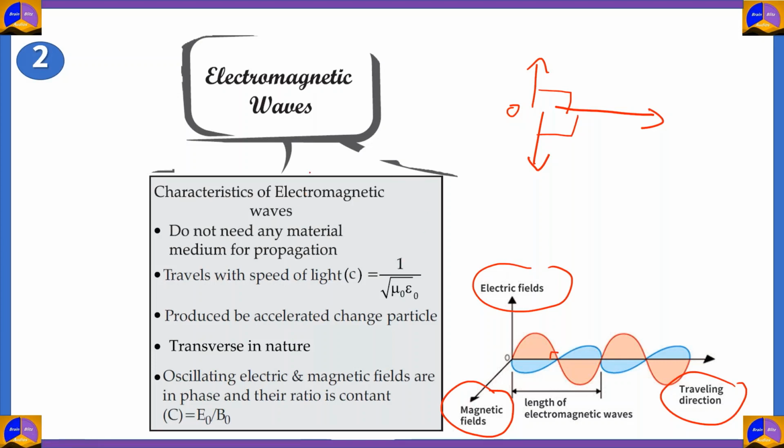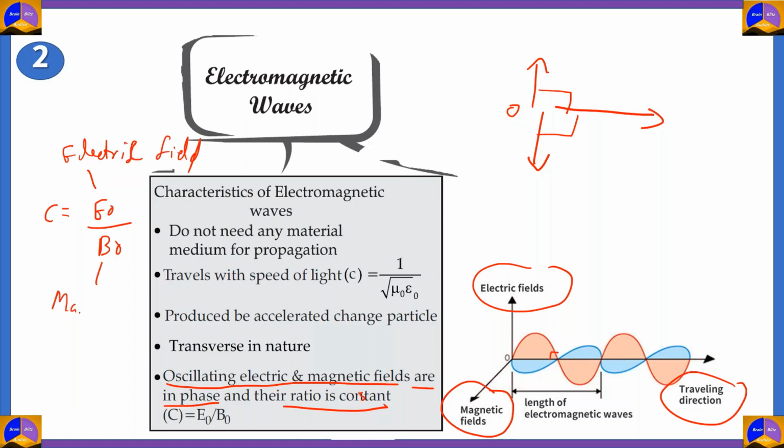Moving on to our last and final characteristic, oscillating electric and magnetic fields are in phase and their ratio is constant. And the ratio is c equal to E0 by B0, where E0 is the electric field and B0 is the magnetic field.